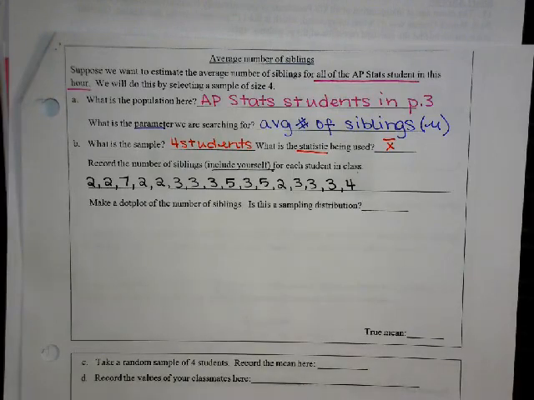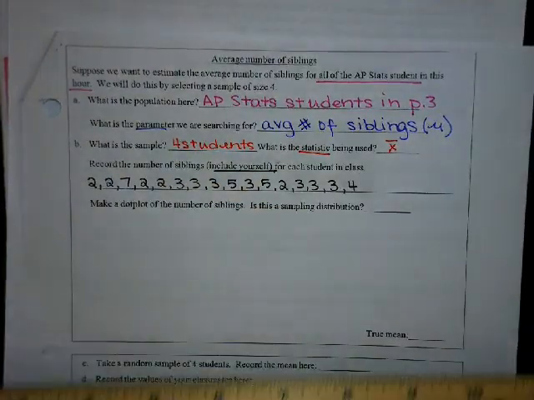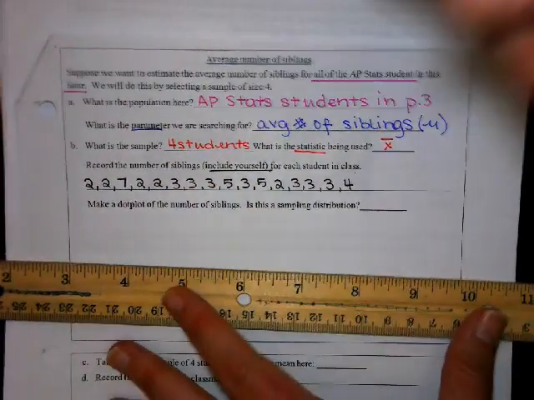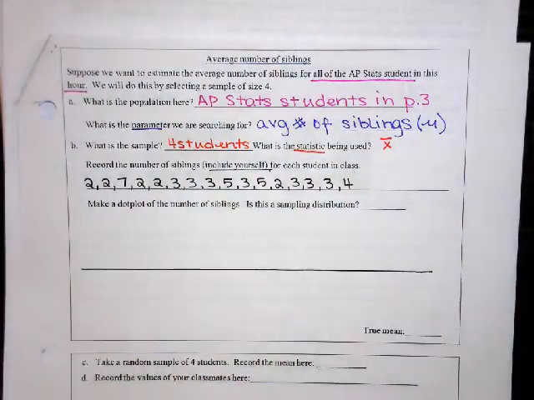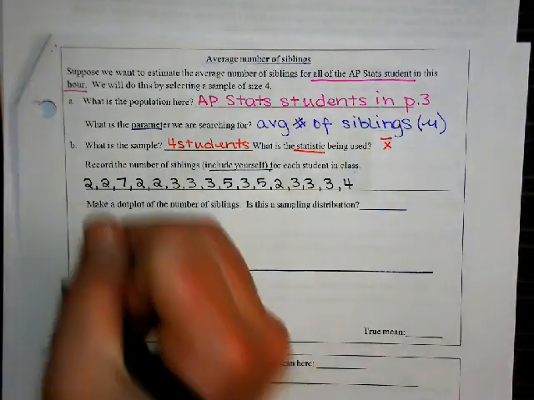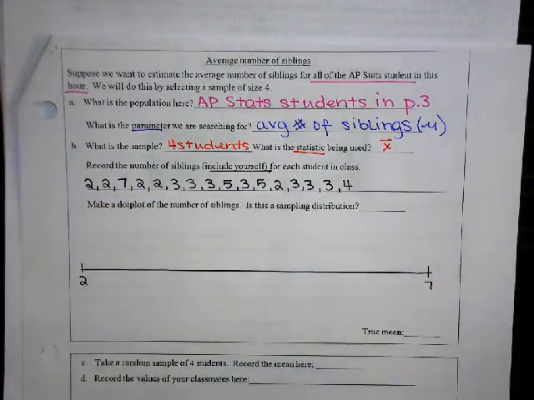All right, so we are going to make a dot plot. This is going to be the population distribution. So we're going to put all those on our dot plot. So let's see, the lowest to highest is 2 to 7.